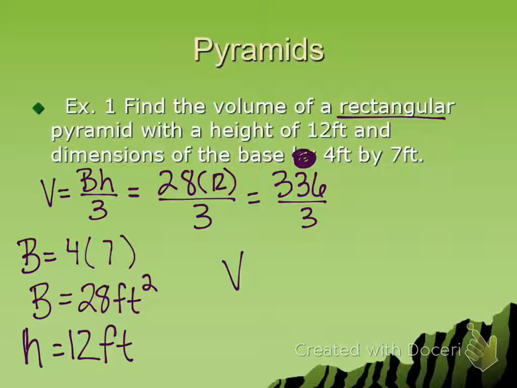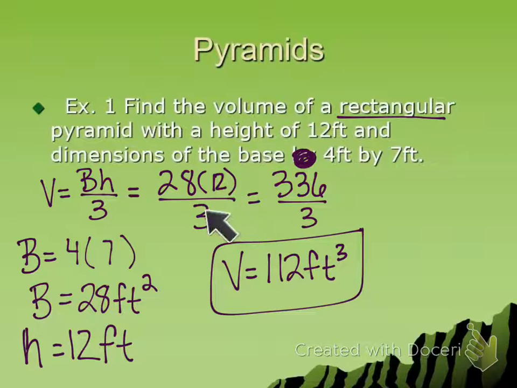What do we get as our volume? 112. Units? 112 feet cubed. Good. So whether you reduce the 12 and the 3 before you start multiplying or dividing or not, you should end up with the same answer. As long as you're showing me what you're doing, it's fine. But I should see some sort of work on these.